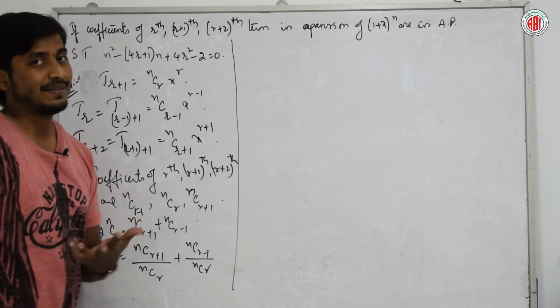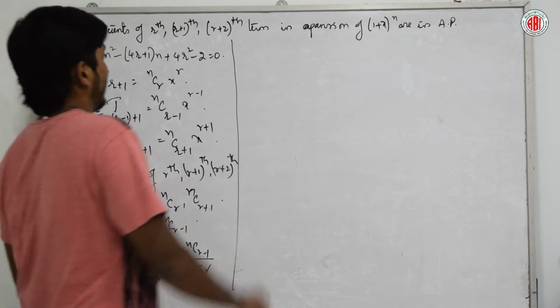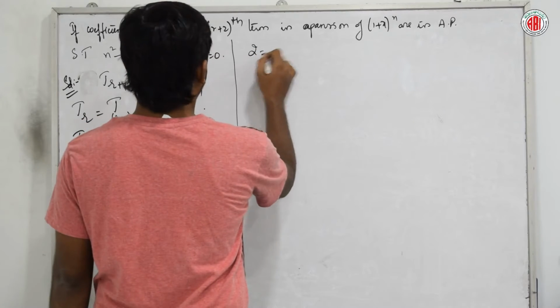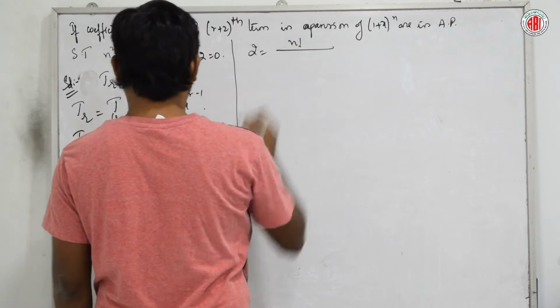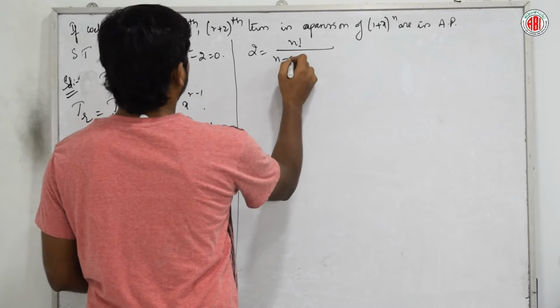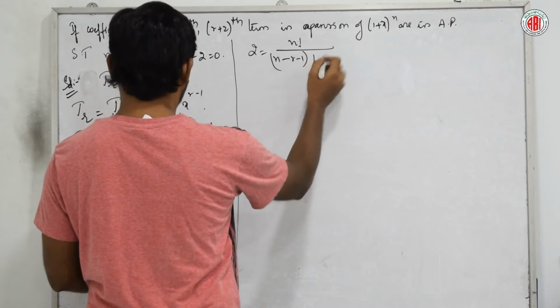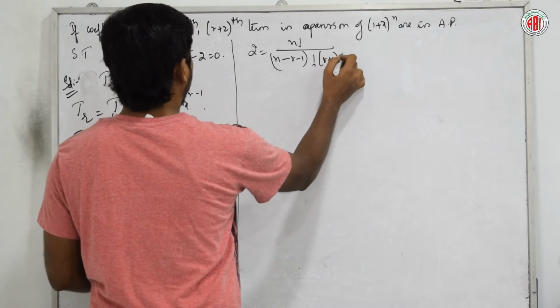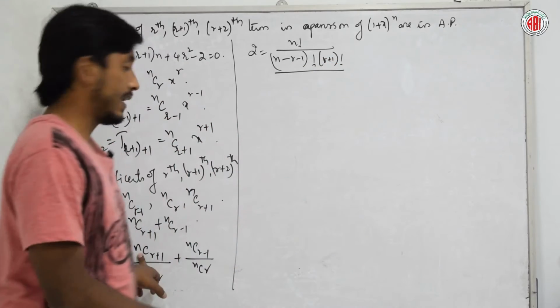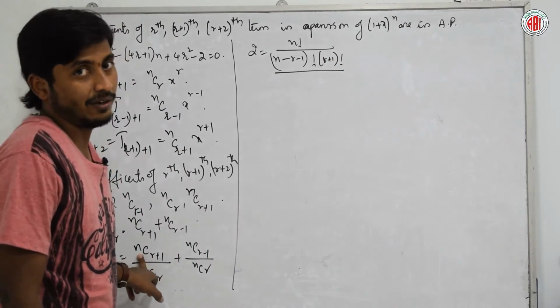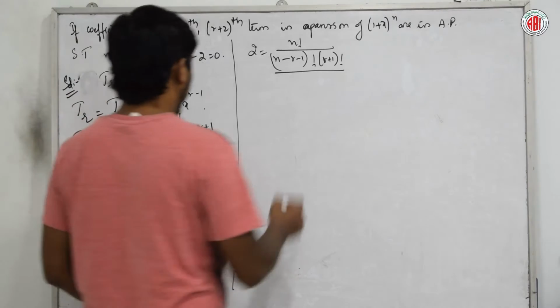Now let me simplify this. What is nC(r+1)? 2 is equal to n factorial by (n minus r) factorial into r factorial. Here the denominator already is nCr.